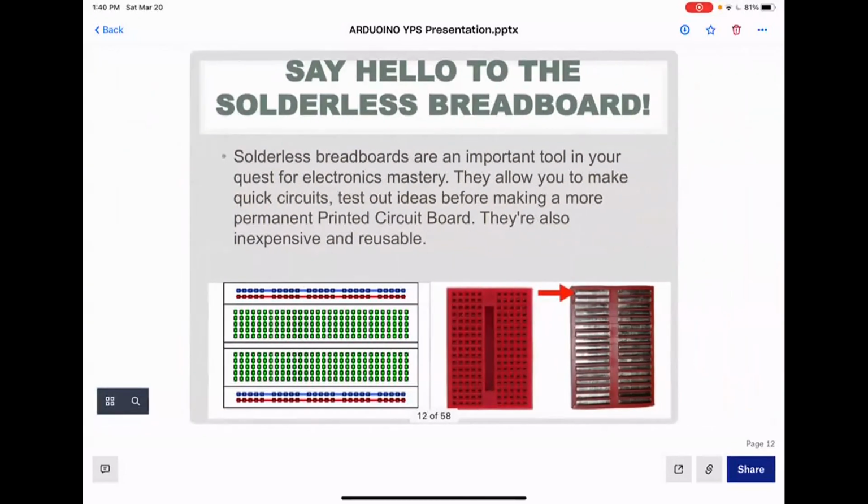So next we're going to talk about the basic components we're using when we're working with the Arduino. A lot of people don't understand how the breadboard works. This is a picture of the breadboard, and you see these lines, the green lines are connected. Basically, there's a piece of wire under it. You see the blue and the red, that's all connected.